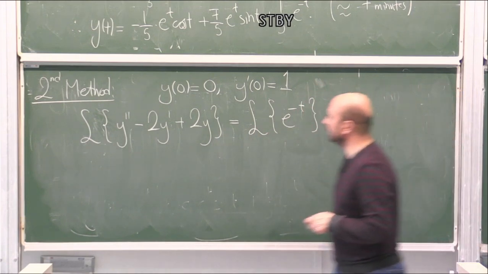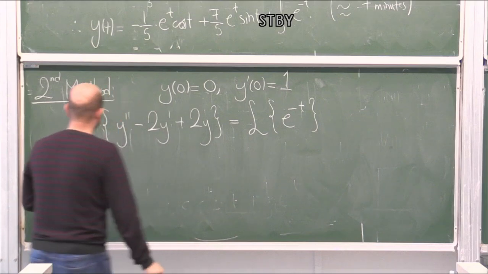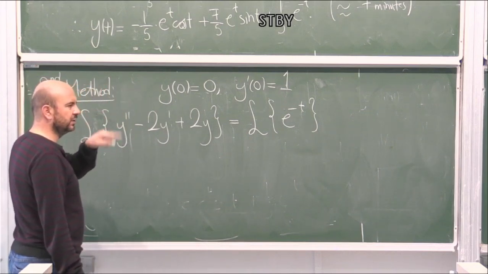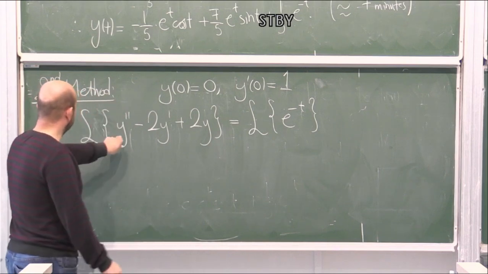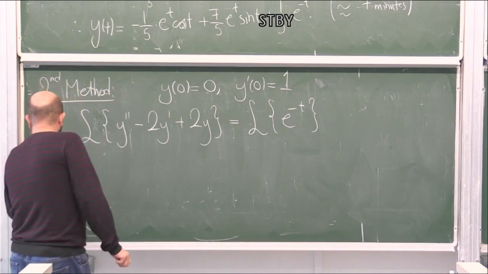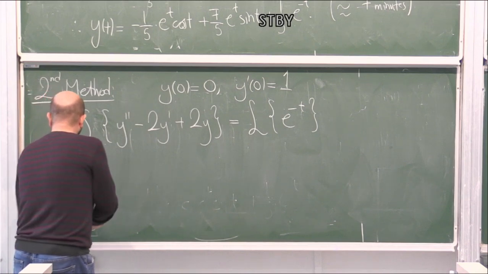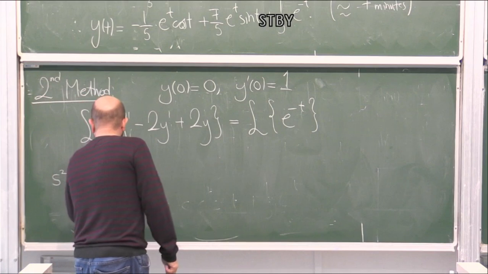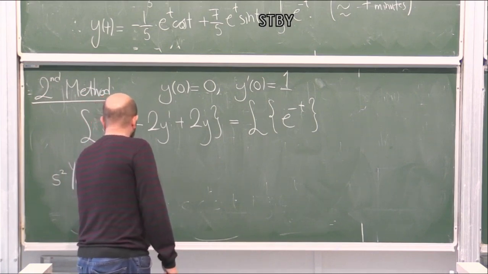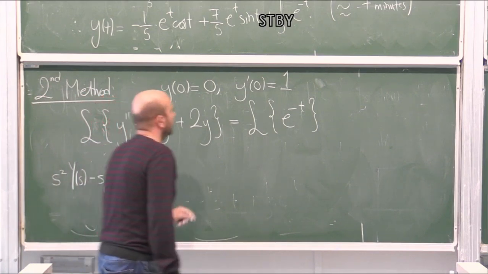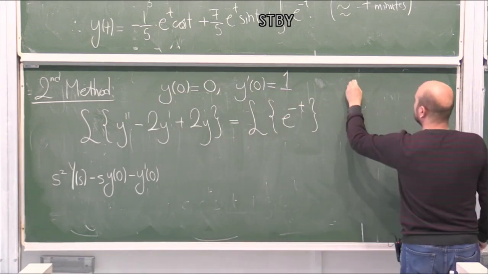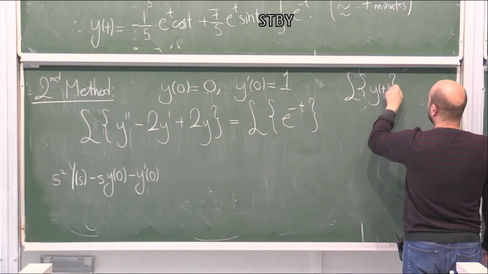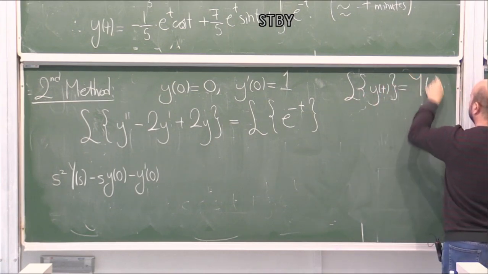And so then if you look at the second derivative's Laplace, keep in mind we use the following notation. Small y's Laplace is capital Y. So second derivative's Laplace is s squared Y of s minus s times y0 minus y prime 0. Let me rewrite. Laplace of y of t, or just y, is equal to Y of s.